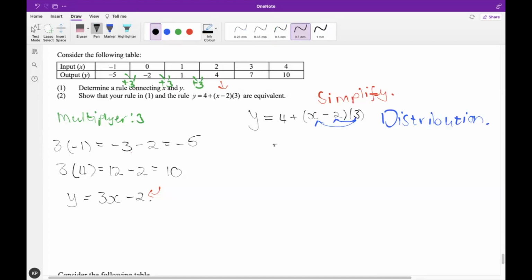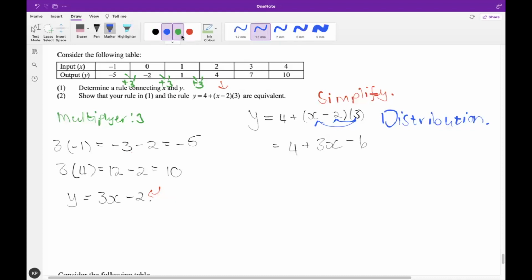So I'm going to leave this 4 on the side, because we can't do anything about it. Plus, what is 3 times x? 3 times x is 3x. And 3 times negative 2, positive 3 times negative 2 is minus 6.